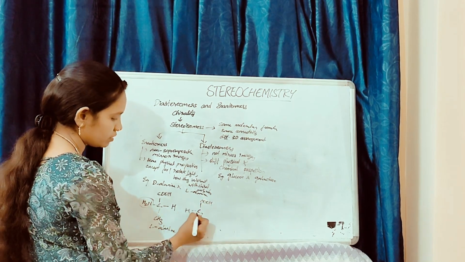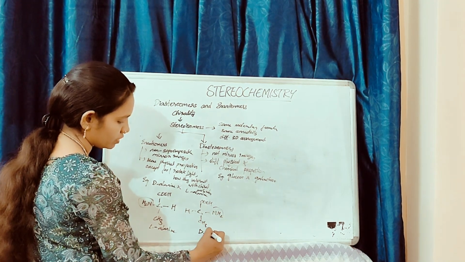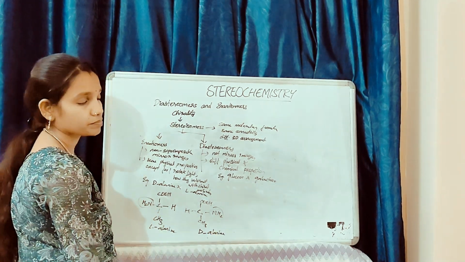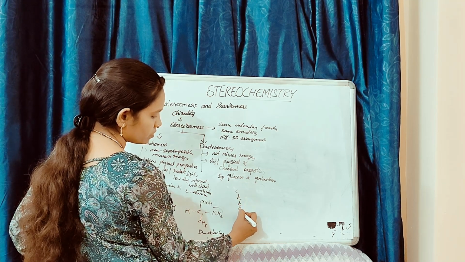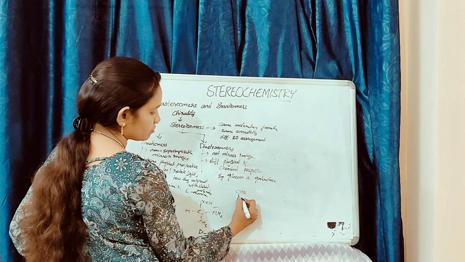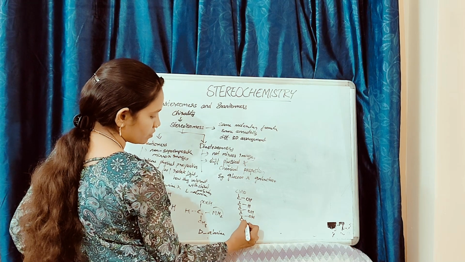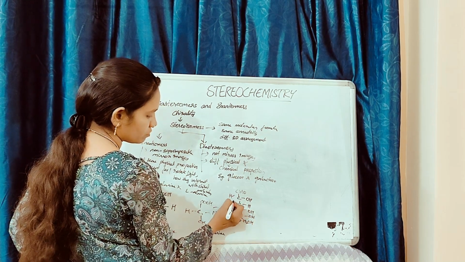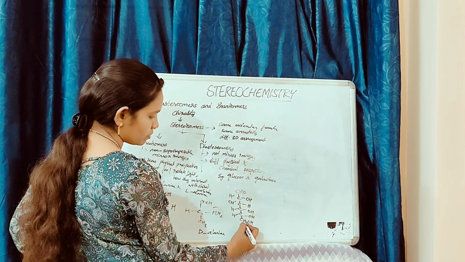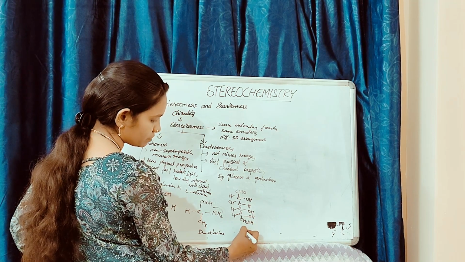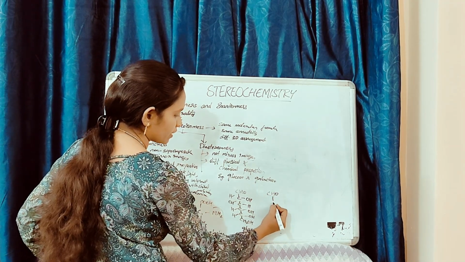If the amino group is on the right side, it is D-alanine. Got it? And for glucose and galactose, this is the Fischer projection. About this we'll learn in further classes.